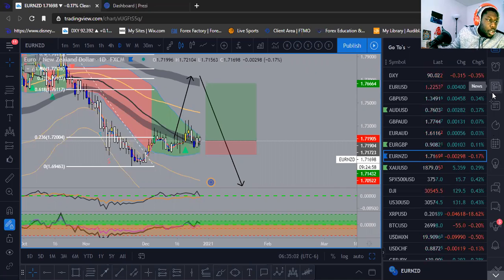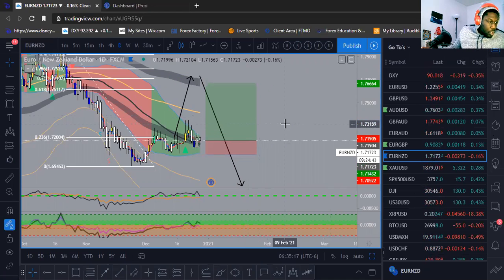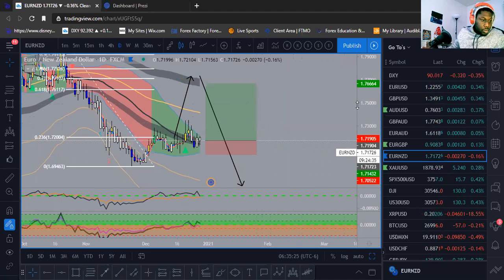I'm down to risk 2% of my account on this trade. So 30. What's my TP? 494 at 1.7664. So 490. And my stop loss is 120.